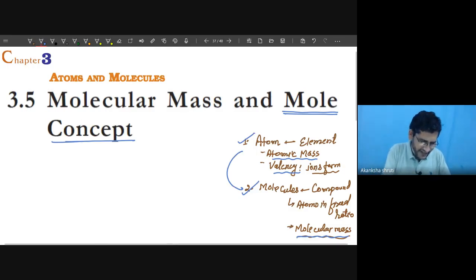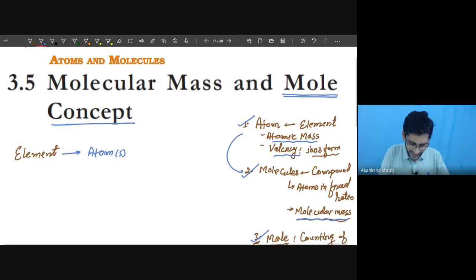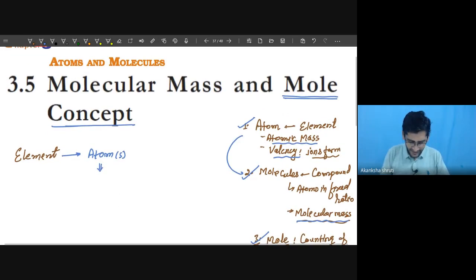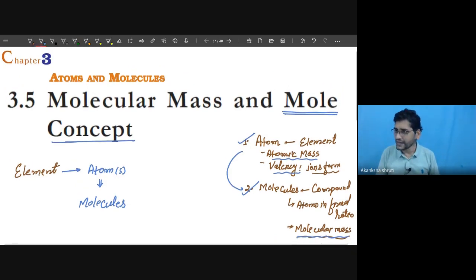Students, we had started that if there is an element or any matter, then this element is characterized by its atom or atoms. These atoms or elements combine together to form a molecule or molecules. How they combine to form the molecule, for that we finished in our last class. Like, say, sodium nitrate.